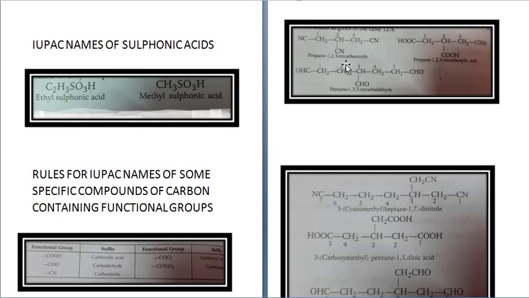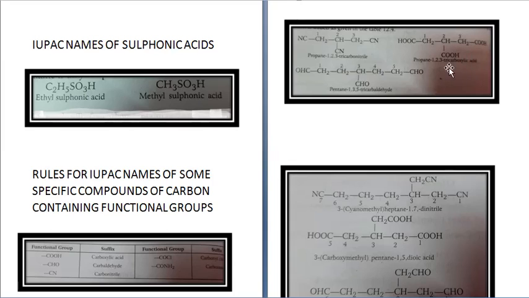Their IUPAC name is N,N-dialkyl alkanamine. See here, CH3N(CH3)CH3. So the longest chain is only of a single carbon, so it will be methanamine. But to nitrogen there are 2 methyl groups attached as side chain, so you will write N,N-dimethyl methanamine.